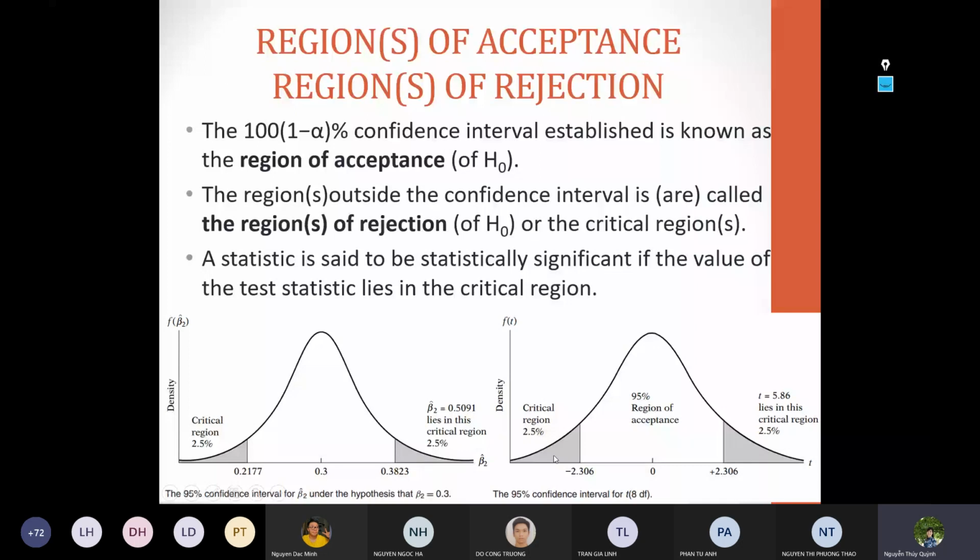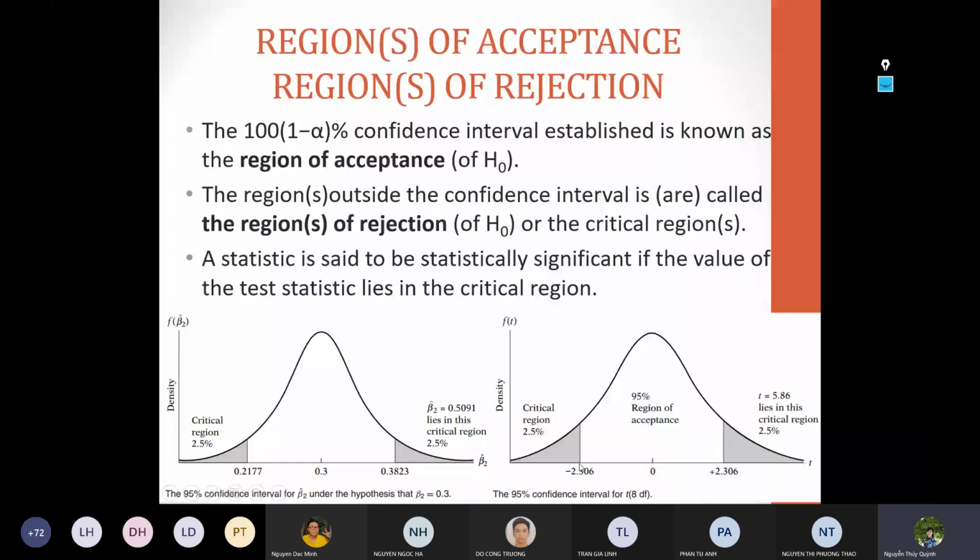This one is for beta z hat, and this one is for the corresponding observed value of t. If this area is the region of acceptance for the null hypothesis, then equivalently in the distribution of t we will have the region from minus t alpha divided by 2 to t alpha divided by 2.